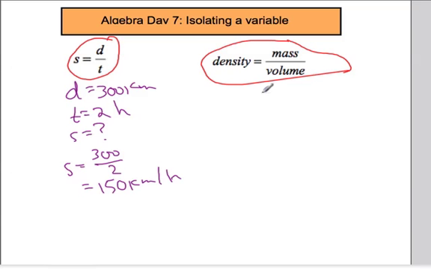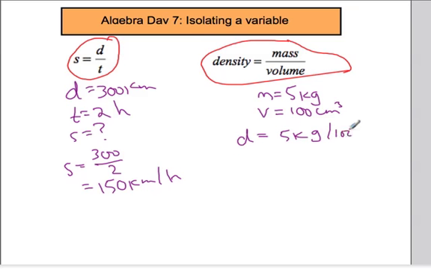And if I give you the mass as 5 kilograms and the volume as 100 cubic centimeters, then you could very quickly tell me the density, right? 5 kilograms per 100 cubic centimeters, and then you can reduce that. So the density would be 0.05 kilograms per cubic centimeter.